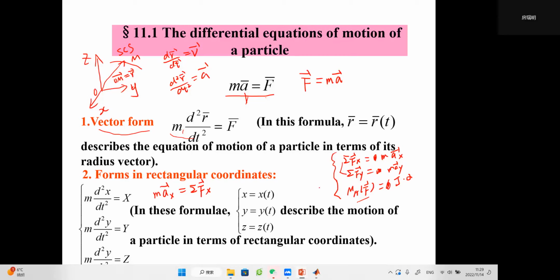See? That's why dynamics is the third part to be learned, because we need the information from statics and from kinematics, right? For the same reason, we can write m a y equals sigma Fy, right?